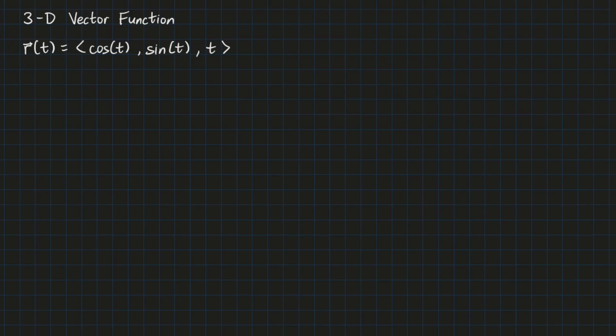Let's take a look at a 3D vector function, r of t equals cosine t, sine t, t. This means x equals cosine t, y equals sine t, and z equals t. The first thing we want to do when we want to plot a curve in space is to find an equation involving two of the dependent variables.